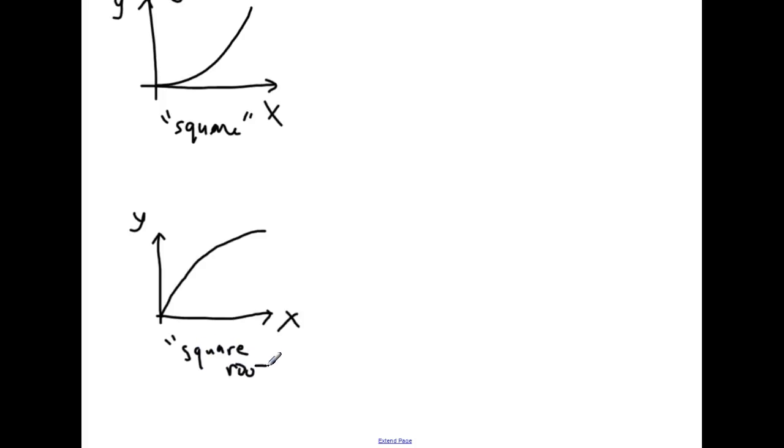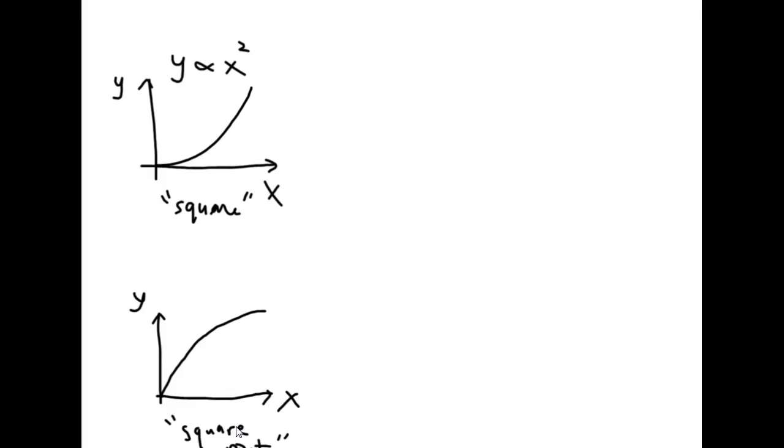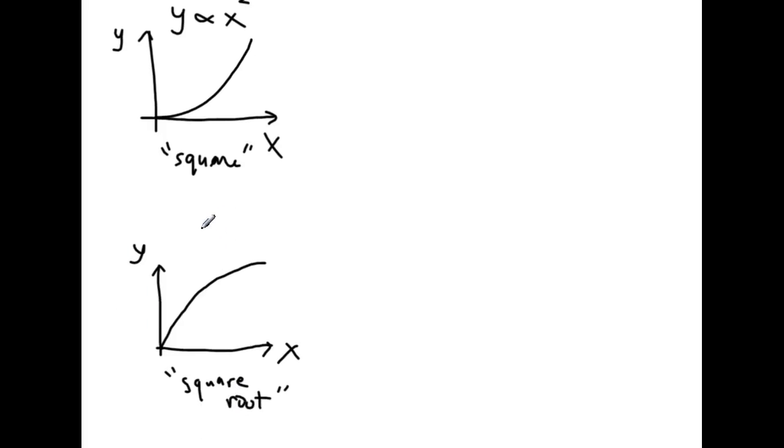And the reason we call it that is because y is proportional to something like the square root of x. So instead of plotting y right here, y is equal to a constant times the square root of x. So you can see that x is going to grow more quickly and y will grow more slowly, so the graph should get less steep.